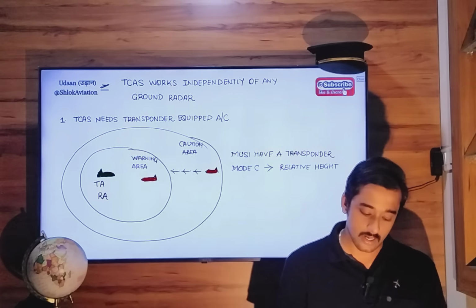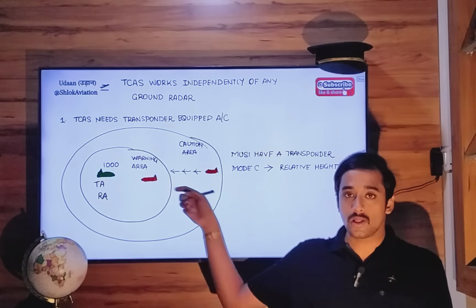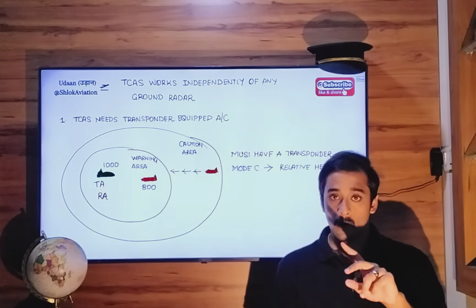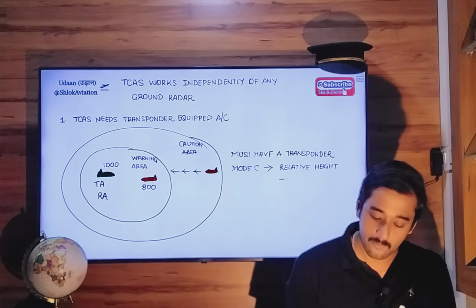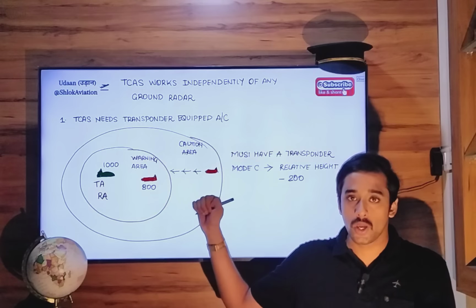Let's say you're flying at 1000 feet and that aircraft which is coming head on is flying at 800 feet. So the relative altitude is minus 200, meaning that traffic is 200 feet below you.